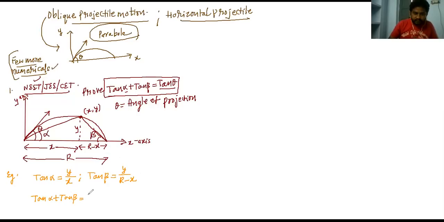So let me write tan alpha plus tan beta value here. It's y by x plus y by R minus x. If I take y common, what remains is 1 by x plus 1 by R minus x.